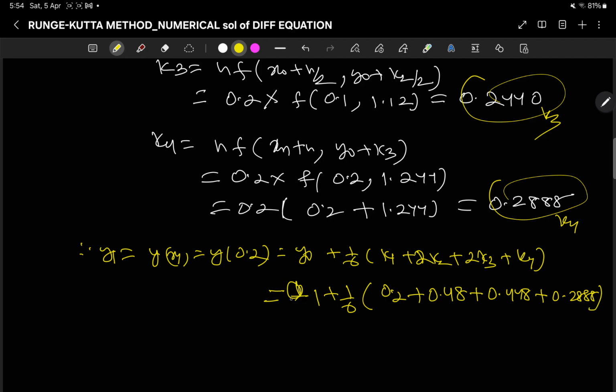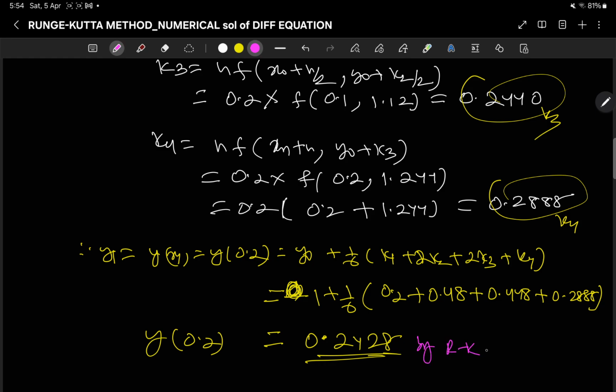Okay, if I simplify it, it is 1 plus 0.2428. Okay, so this is y of 0.2, and it is by RK method of order 4.